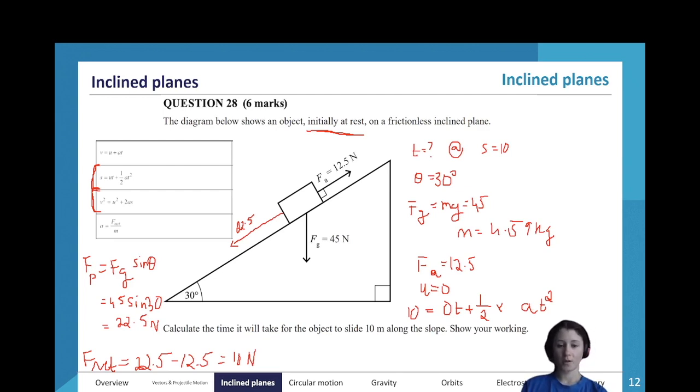So our net force 10 is going to be equal to ma. F equals ma, right? M is 4.59, a, and we can solve this to give us our value for acceleration. We're going to have 10 divided by 4.59, which is going to be equal to 2.18.